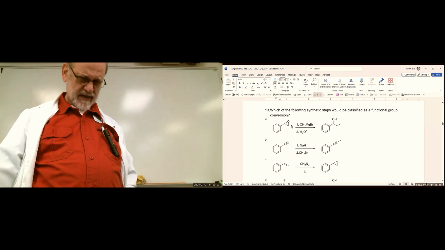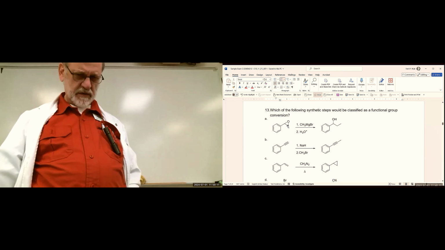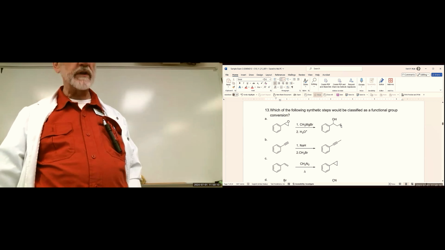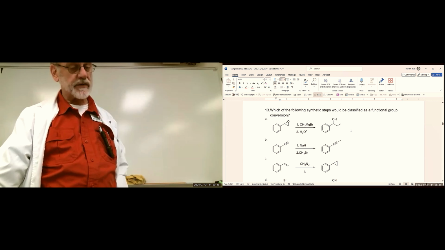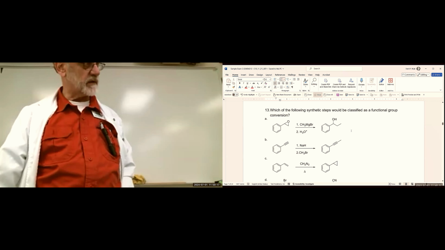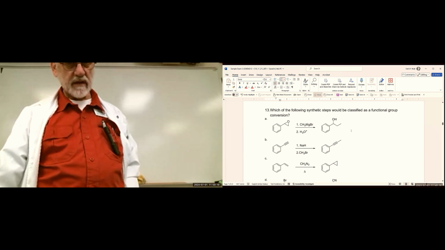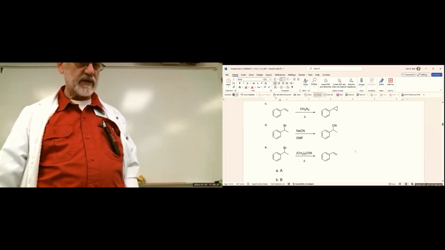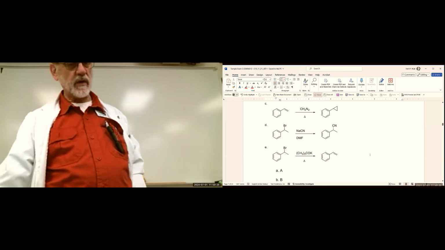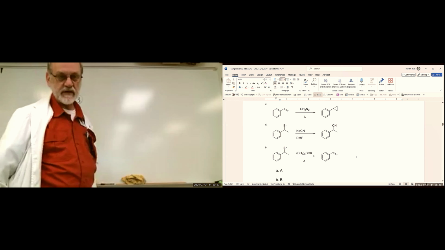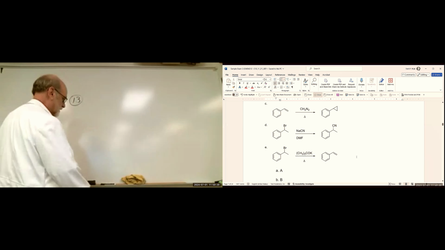We changed the carbon skeleton in A also, didn't we? Yeah. So by process of elimination, E is the only answer. I learned something new.